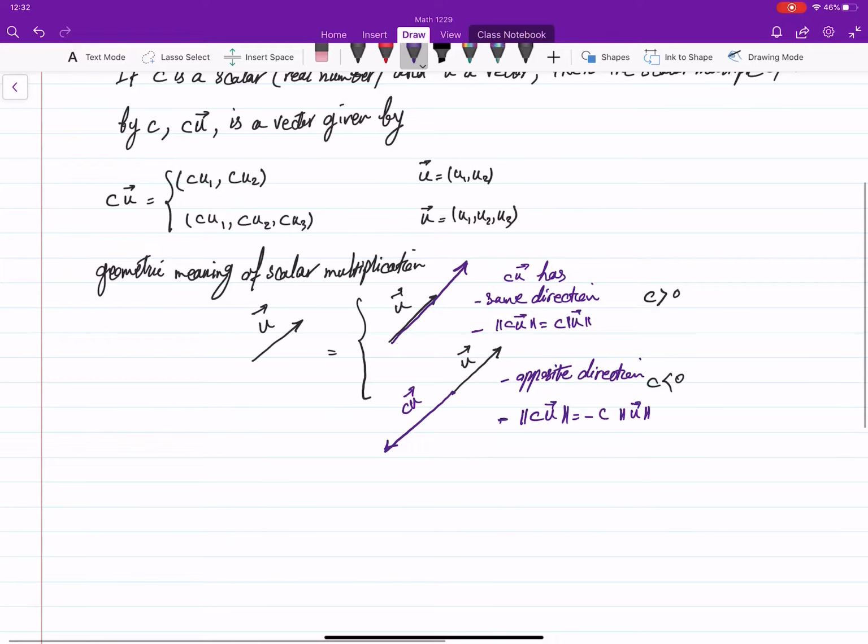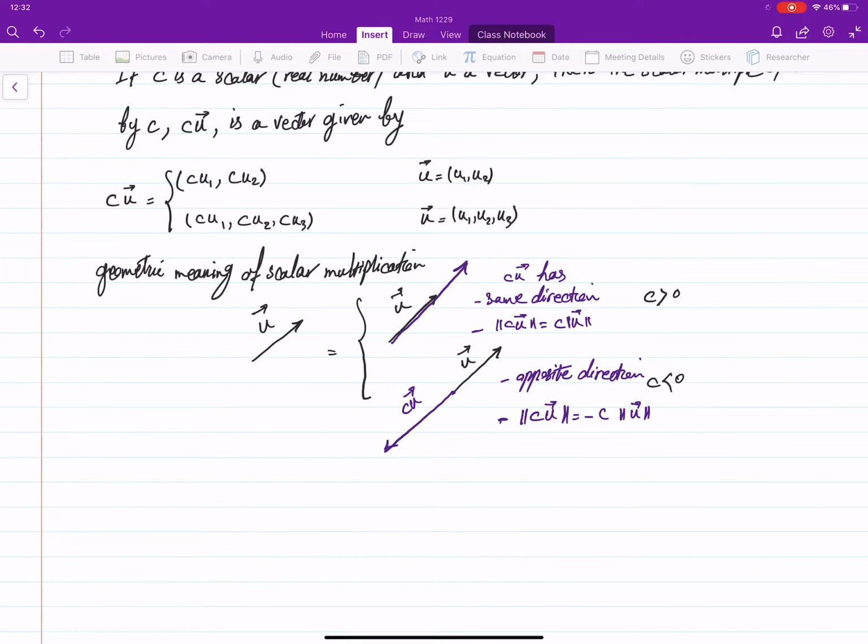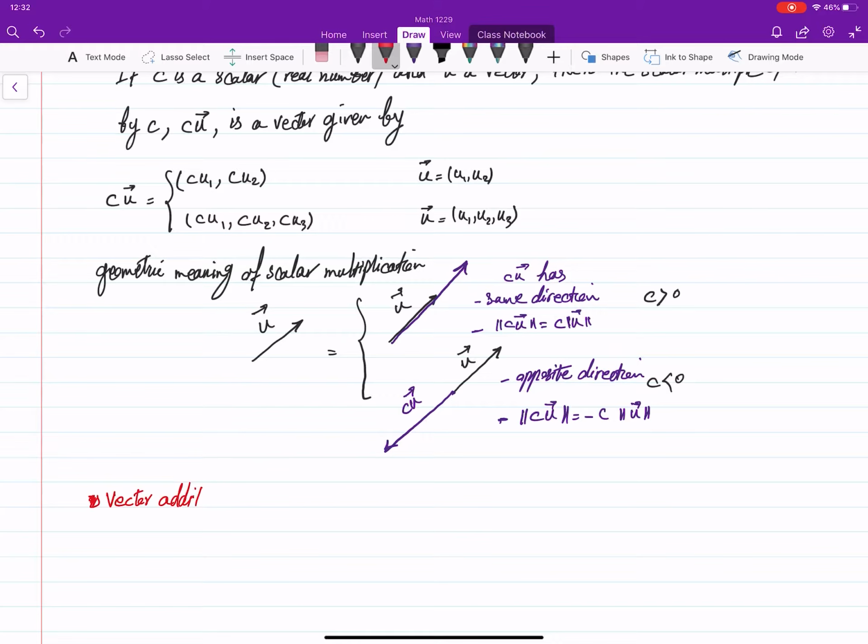That's the first operation. The second important operation is vector addition. So we have two vectors. Let u and v be two vectors.